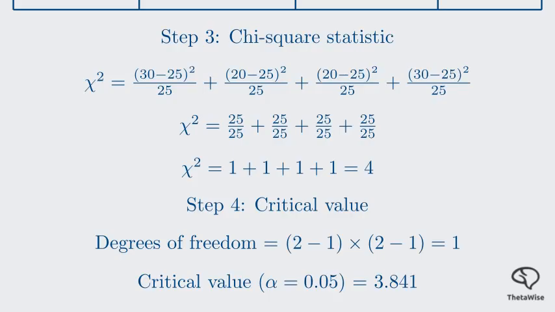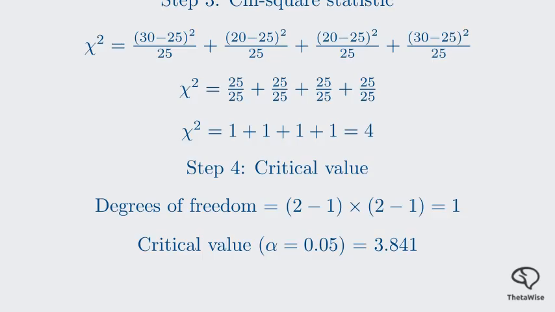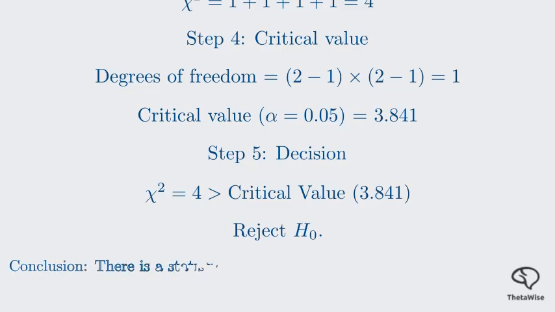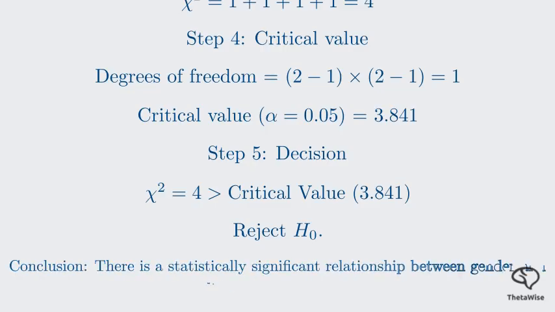For a 0.05 significance level, the critical value is 3.841. Step 5. Decision. Our calculated chi-square of 40 is greater than the critical value of 3.841. We reject the null hypothesis. Conclusion. There is a statistically significant relationship between gender and treatment preference.